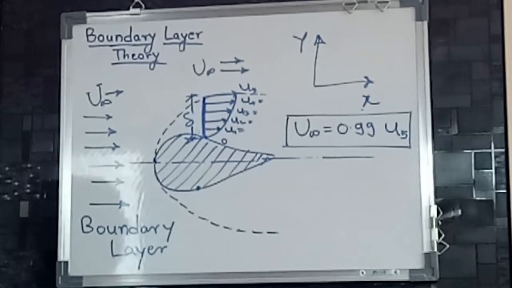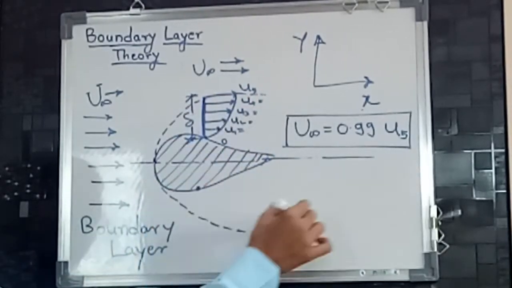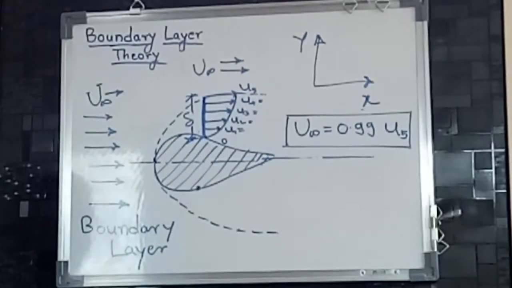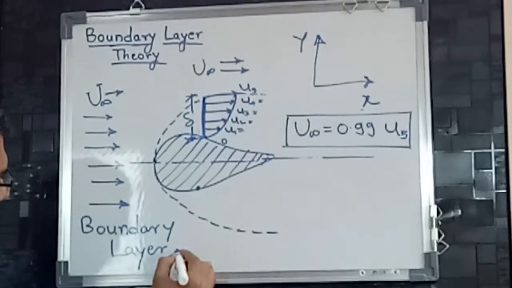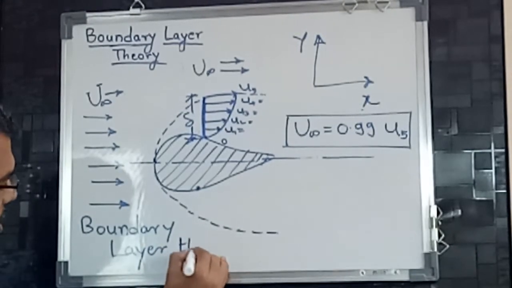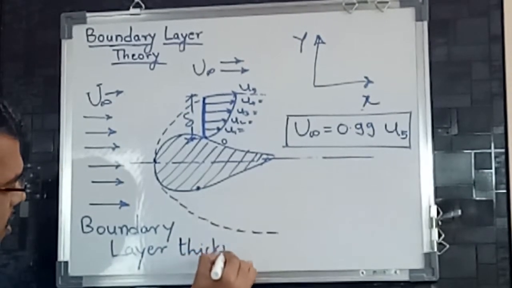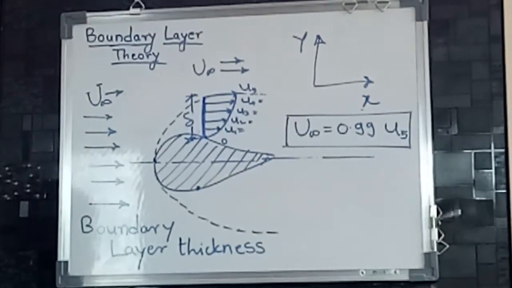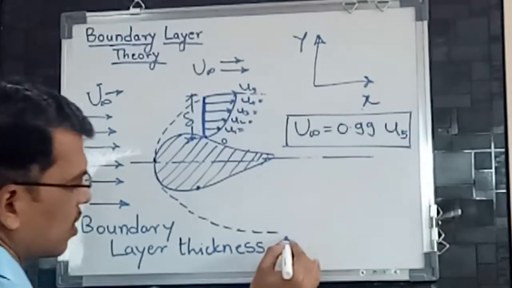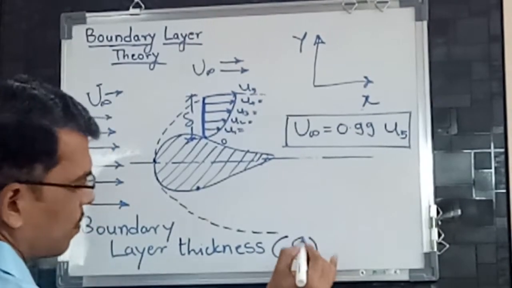This del represents the thickness of the boundary layer, and it is denoted as del.